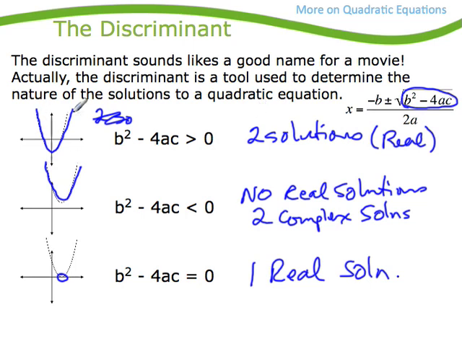If it crosses twice, the discriminant is positive and you'll have two answers. If the graph doesn't cross, underneath is a negative number, less than 0, so I'd have no real solutions but two complex ones. And if it comes out exactly to 0, I have one real solution, and graphically it would just touch at one spot.